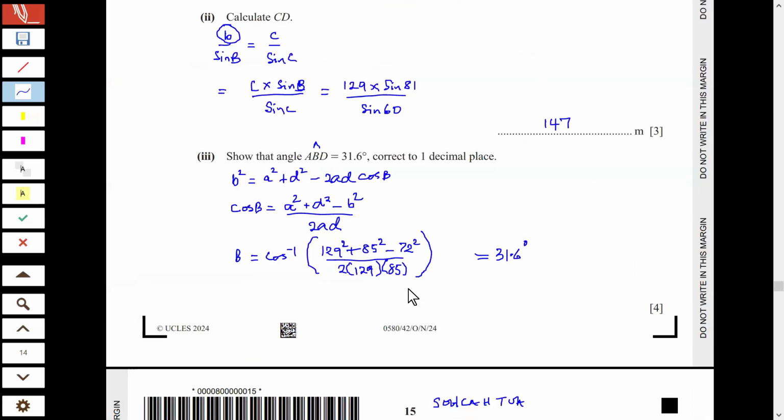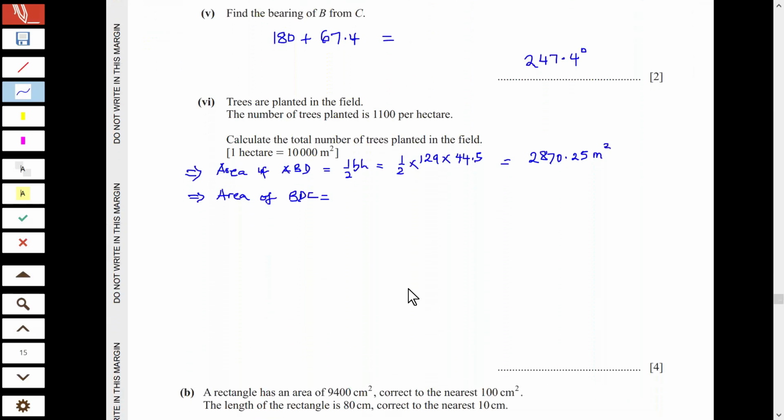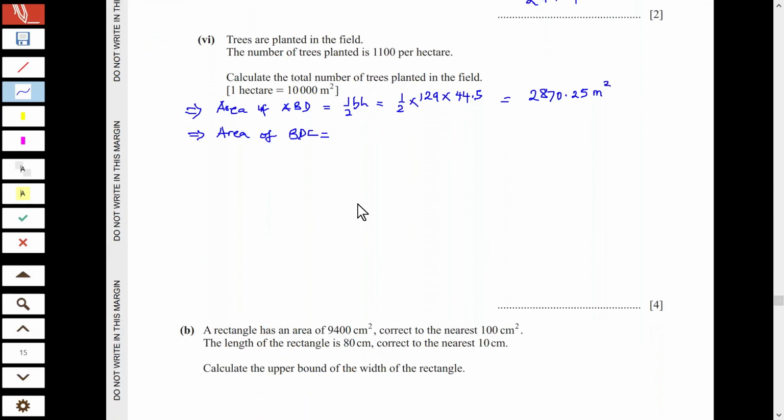Half AB sine theta will simply be 1/2 times 129 times 147 times sine 39 degrees.